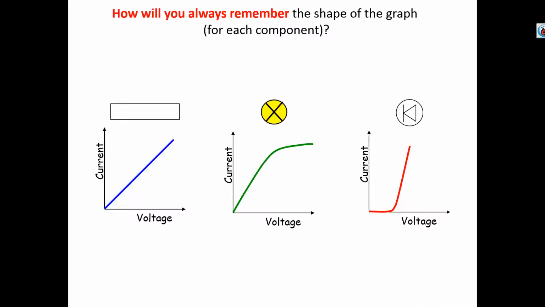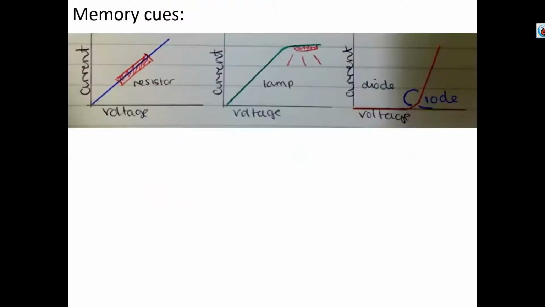Okay, and there's our answers. So we've got resistor, lamp, and diode going from left to right, and there's the shape of the graph. And remember we've got our little memory cue to help remember what to do. So resistor, our lamp, which looks like a street lamp, and our curve round the graph for D for diode.